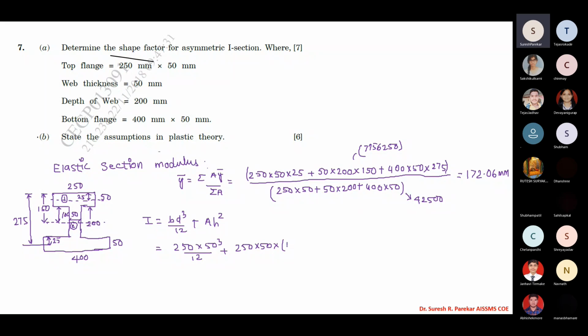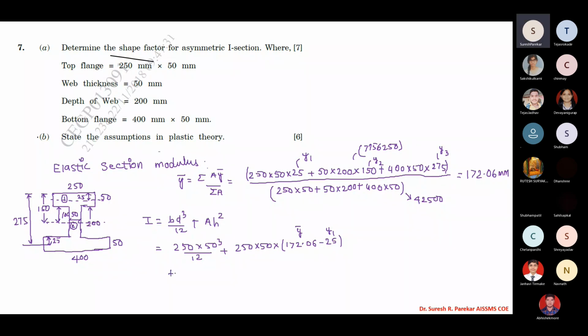So y bar we have 172.06 minus y1 is 25. This is y bar and this is y1. We have this as y1, this as y2 and this as y3. So we have y bar minus y3 or vice versa. Whichever is greater, we have to subtract the smaller quantity from it.